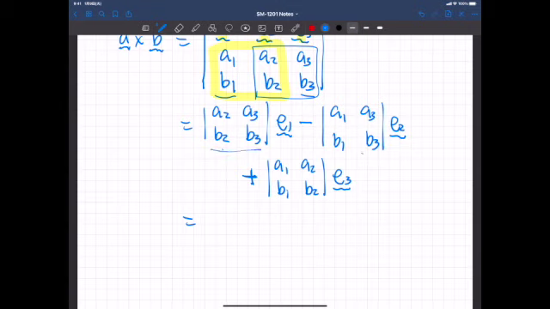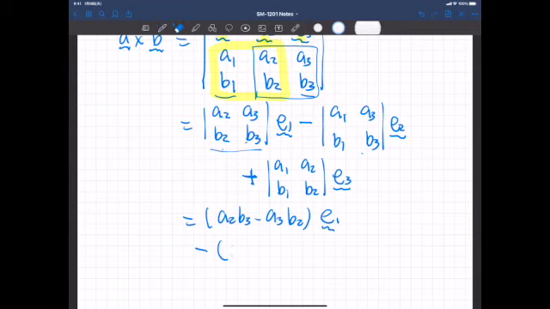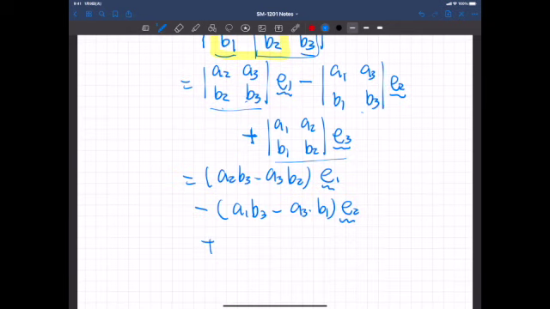The first one is A2 times B3 minus A3 times B2, times E1, and minus A1 times B3 minus A3 times B1, times E2, and the third term is A1 times B2 minus A2 times B1, times E3.